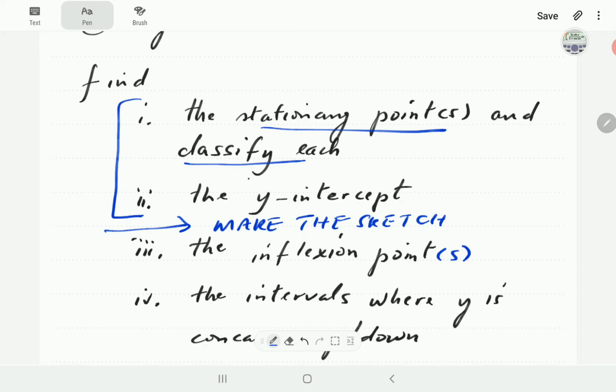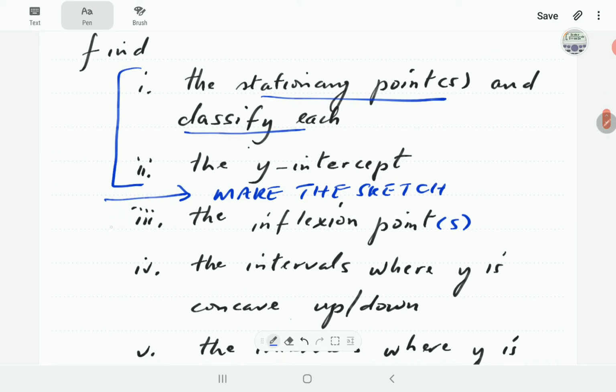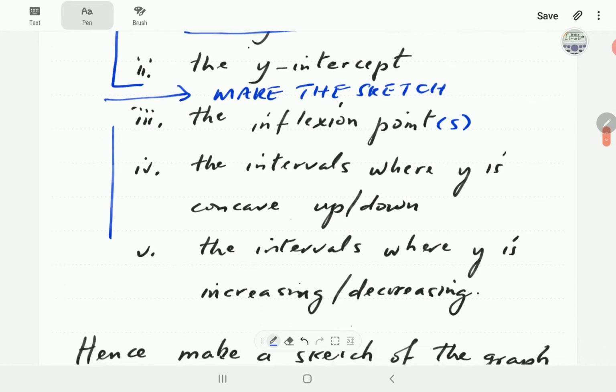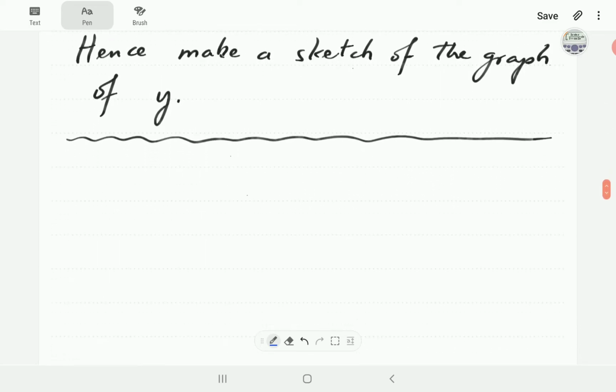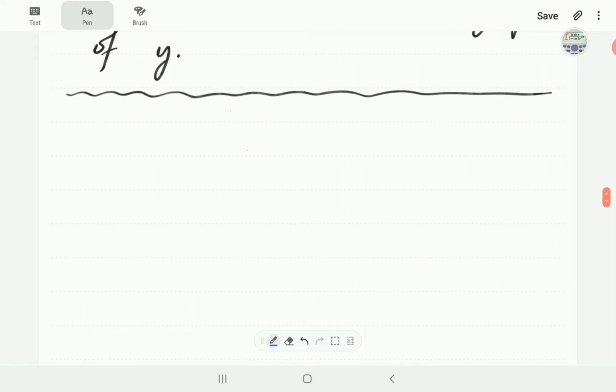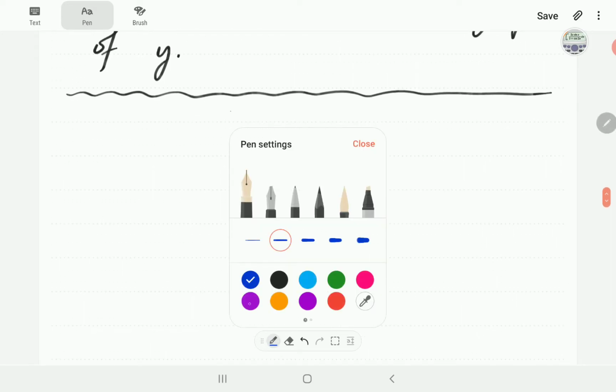So that's what we're going to demonstrate, and then after that, the rest of these we can actually do from the sketch, but of course we can use the calculus as well. Okay, so let's get on with the first one.